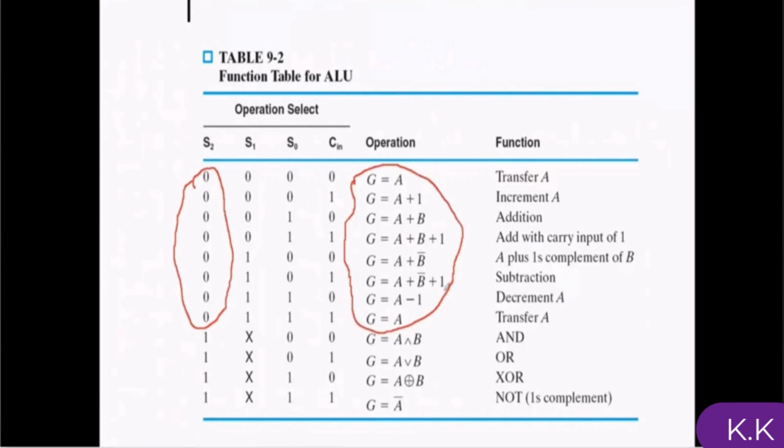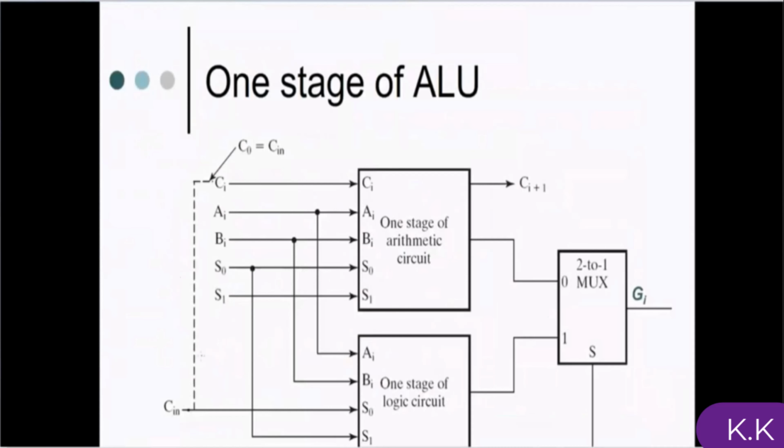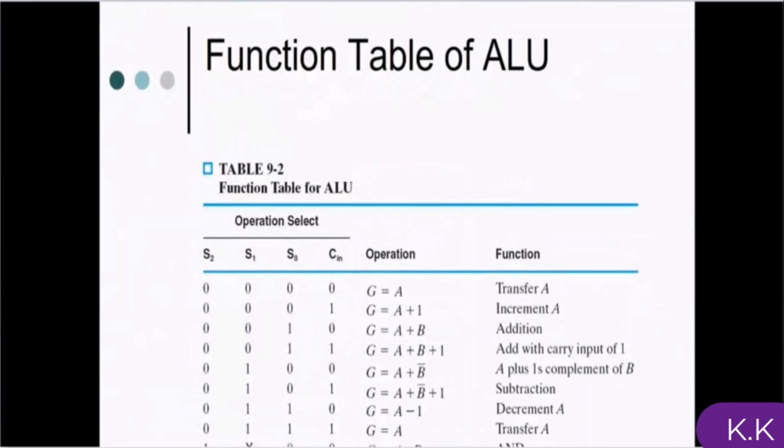As you can see, when S2 is 0, from this point to this point, the result is coming from the arithmetic part. These are the 8 different arithmetic operations: transfer, increment, add, add with carry, subtract, subtract with borrow, subtract, decrement, and transfer again. And when S2 is 1, then the logical module will be activated. So we have AND, OR, XOR and NOT.